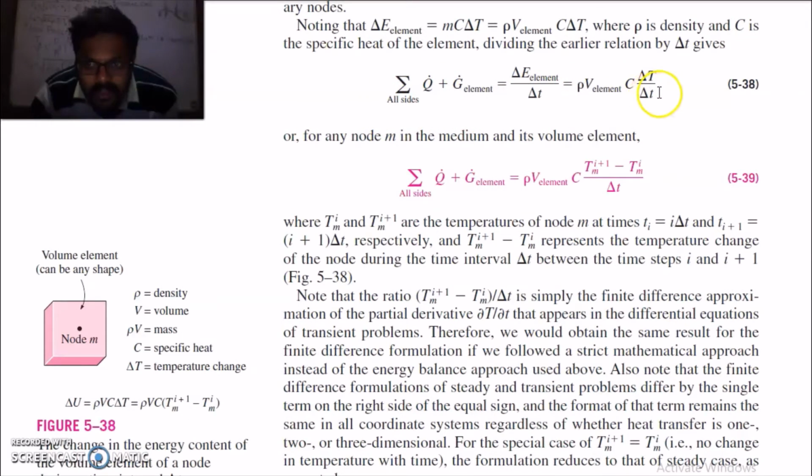Now here you can see that this ΔE element is equal to m c ΔT. You can replace this ΔE element by m c ΔT. This is your mass, volume times density, times C, times ΔT. Now you can replace this ΔT further with this equation here.